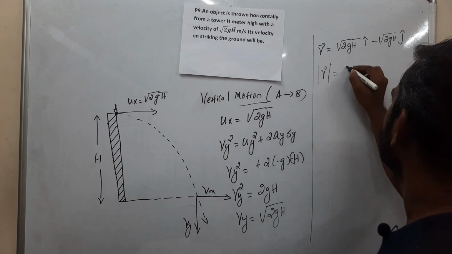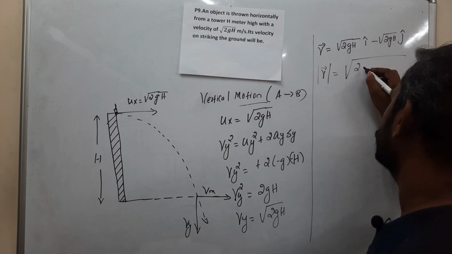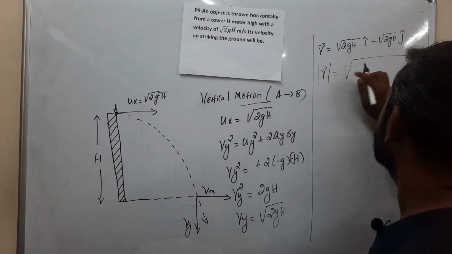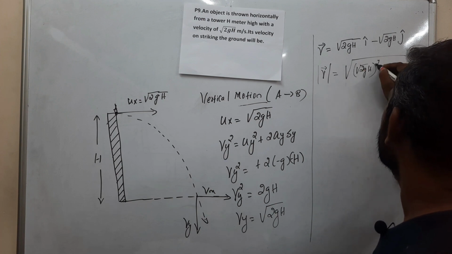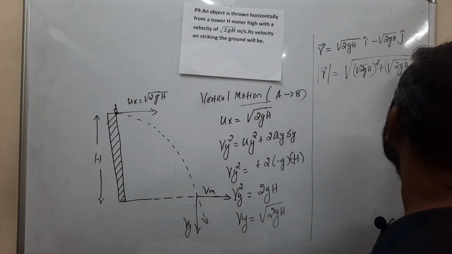That is equal to the square root of (root 2gh) whole square plus (root 2gh) whole square.